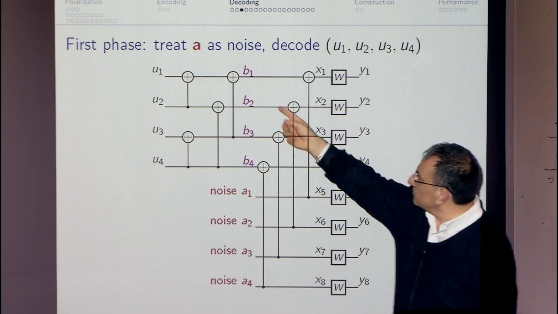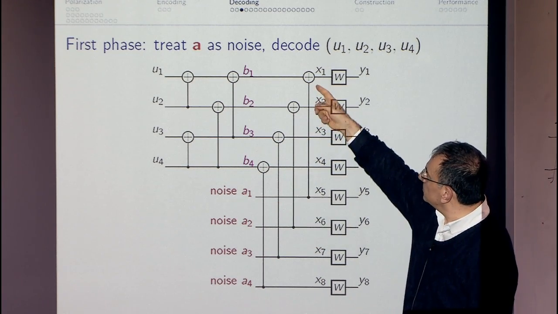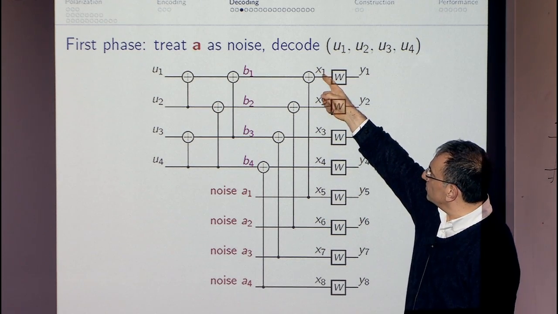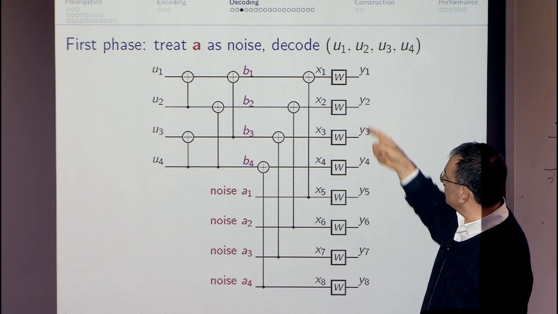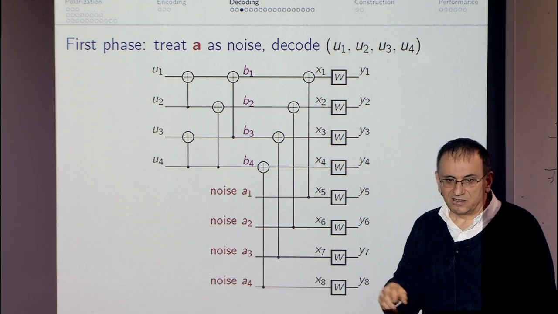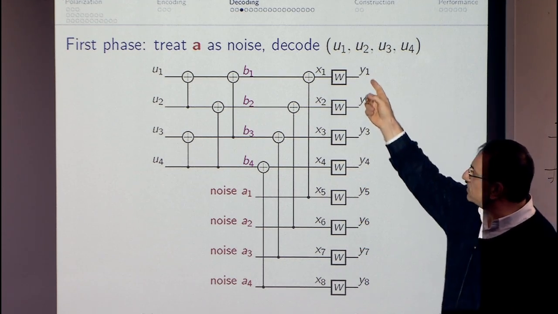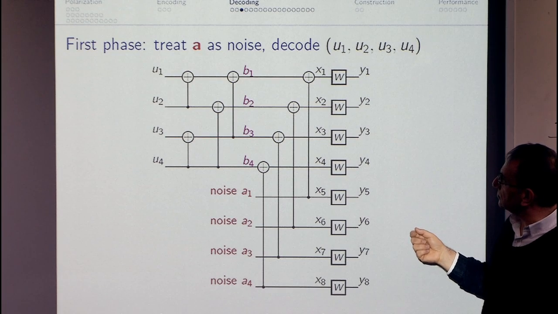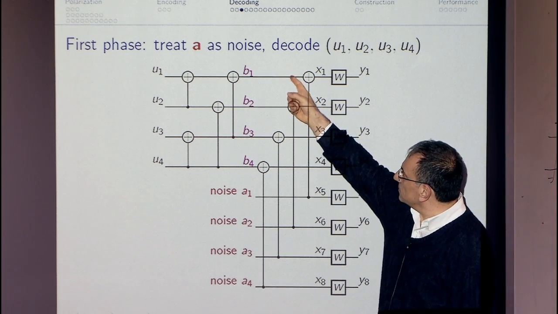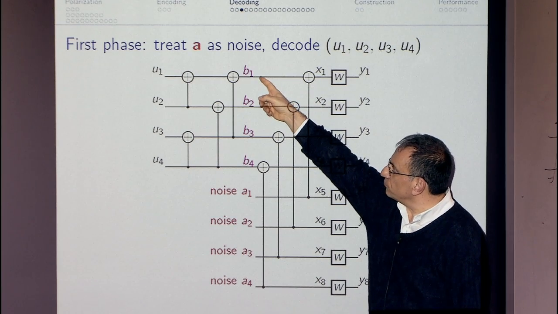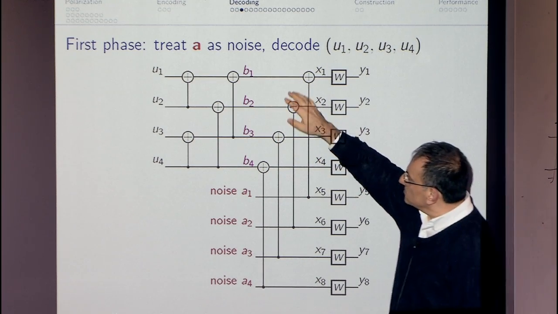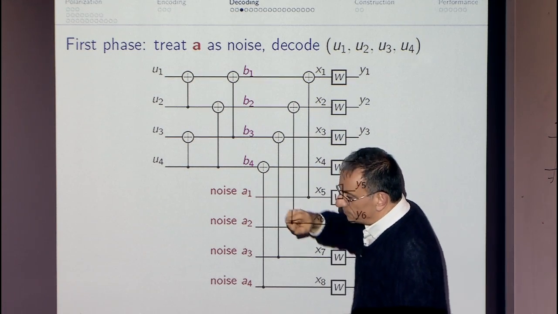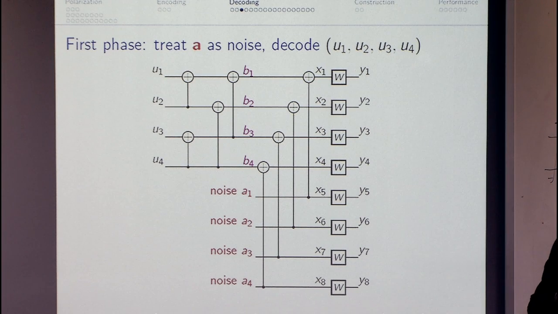Okay, so the B1 here is the modulo 2 sum of X1 and X5. We know something about both X1 and X5 through our observations Y1 and Y5. So we combine these two observations using the same laws as we do in the sum product algorithm to come up with an estimate for B1. Essentially, what we are doing is computing the likelihood ratio for B1 using the W minus channel.